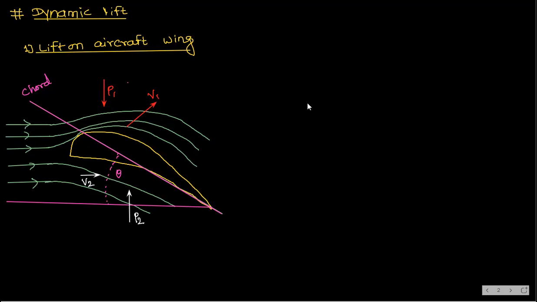So see here, as this air is moving very fast, the velocity is more above the wing, and that's why P1 is less.